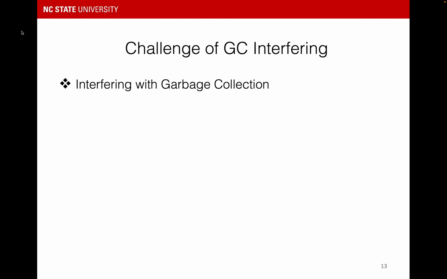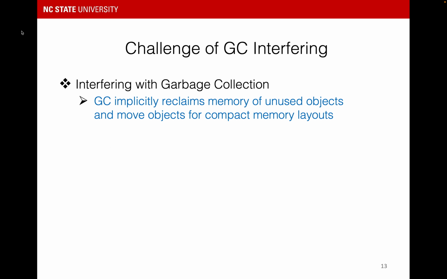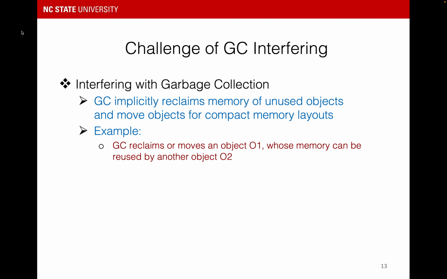The garbage collector complicates the object-centric attribution because GC reclaims the memory of unused objects and moves objects for more compact memory layouts. The trigger of the GC thread is determined by the JVM, which is transparent to Java applications. So ignoring GC, DJXPerf may have incorrect object attribution.